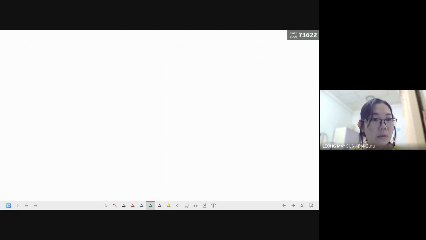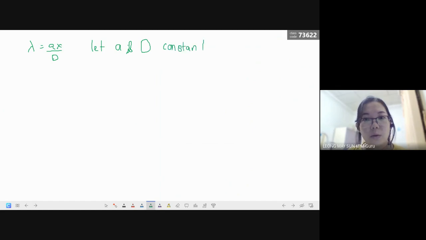Okay, so lambda equals a x over D. So right now, I am letting a, the distance between the sources, and D, the distance between the sources and the screen, be constant. So which means that my wavelength will be directly proportional to my x.